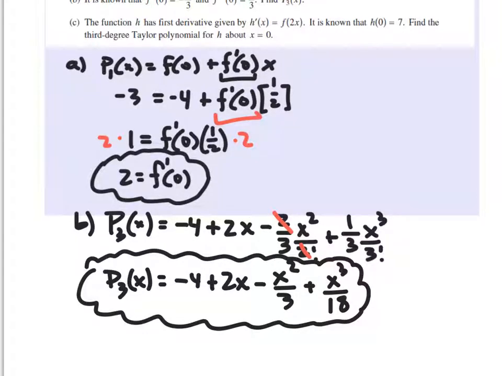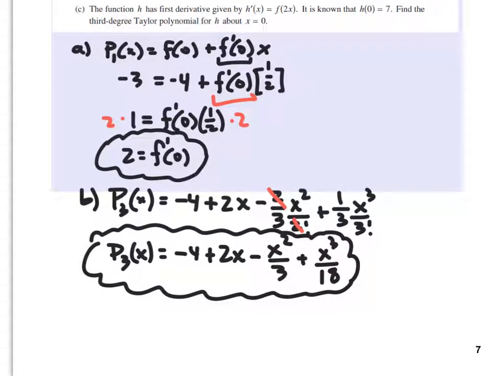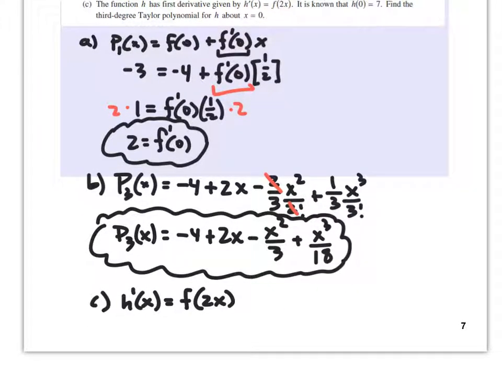Okay, so it says the function h has first derivative given by h prime, which is equal to f of 2x. So let's write that out first. For part C, h prime of x is going to be equal to f of 2x. So let's script that out here. So h prime of x will be this polynomial with 2x plugged in.